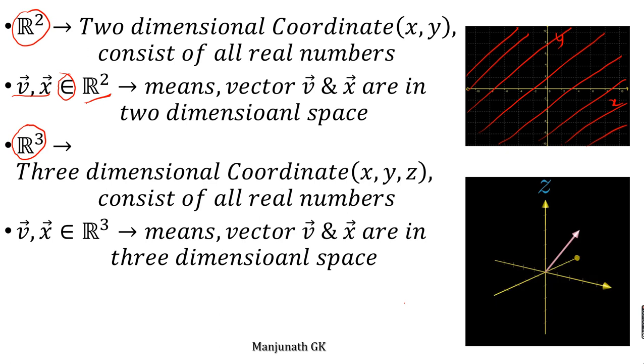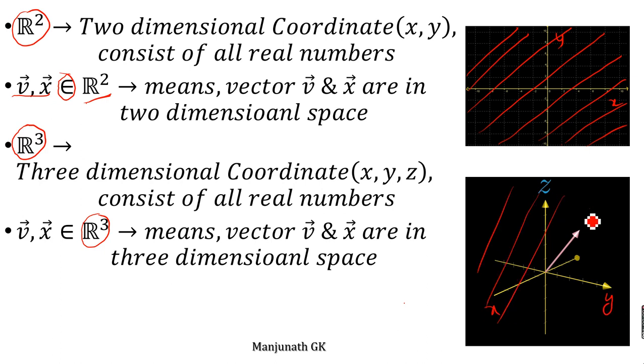We can observe here that vector v and vector x are in R3 space, in which the three-dimensional coordinates are x, y, z.